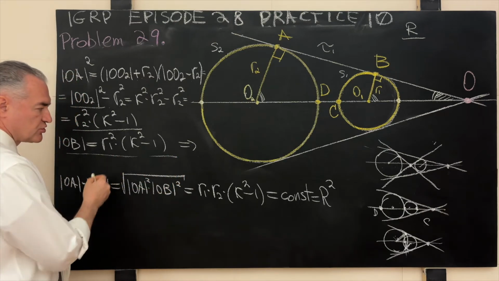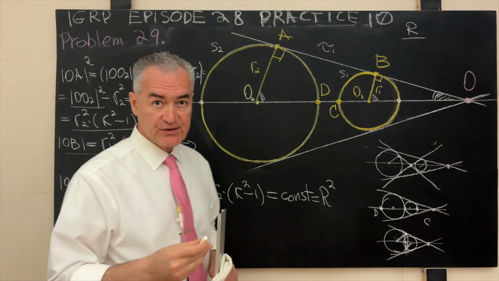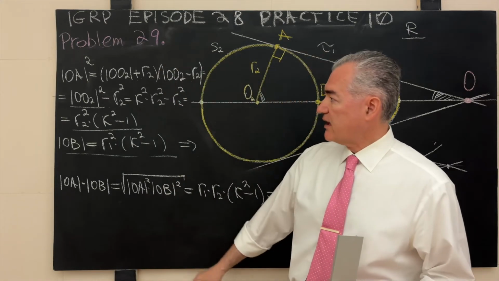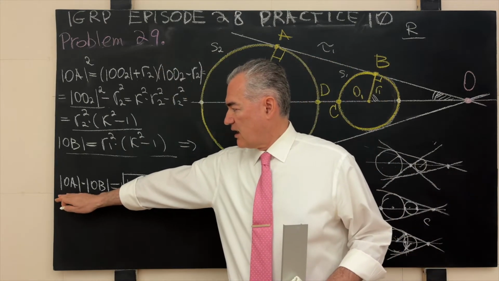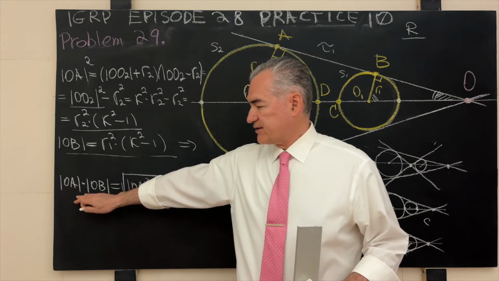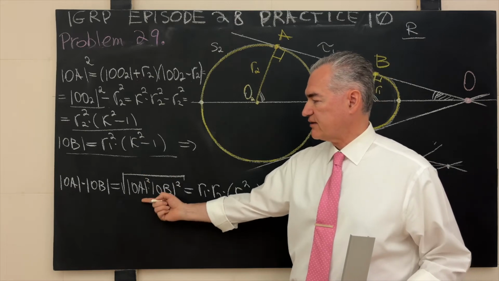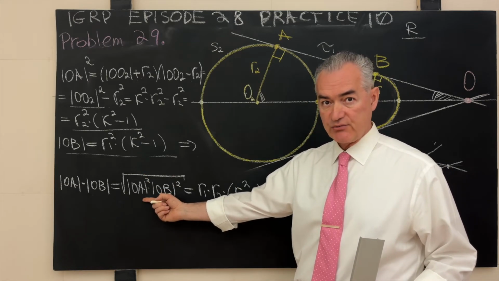And once we construct the product of the distances from the center O to the point A and to the point B, we will have the following result. The distance OA times the distance OB is equal to the square root taken from the corresponding squares, which we just computed.